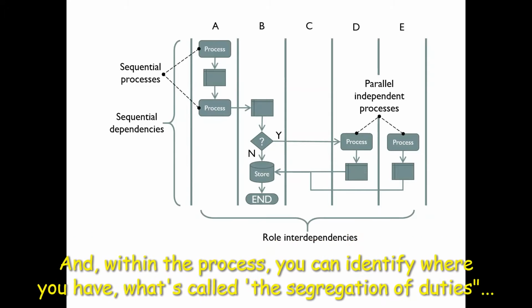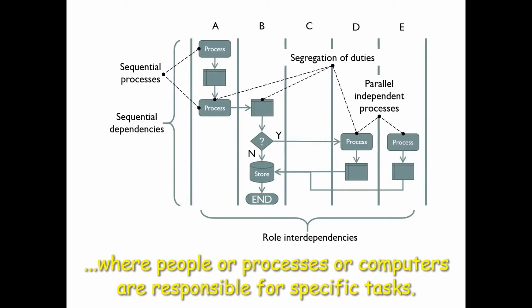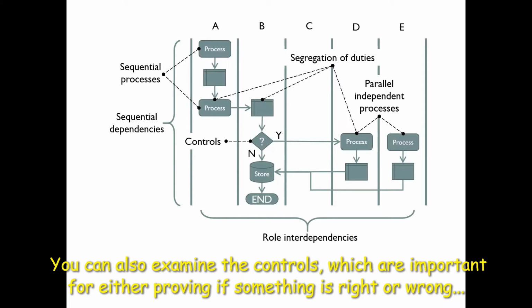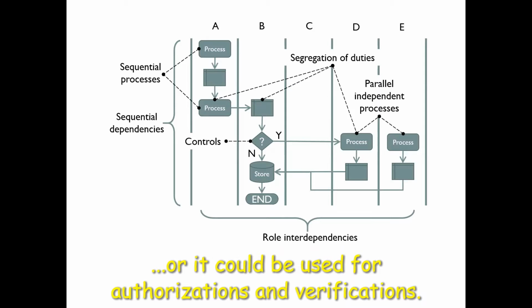And within the process, you can identify where you have what's called the segregation of duties, where people or processes or computers are responsible for specific tasks. You can also examine the controls, which are important for either proving something is right or wrong, or it could be used for authorizations and verification.